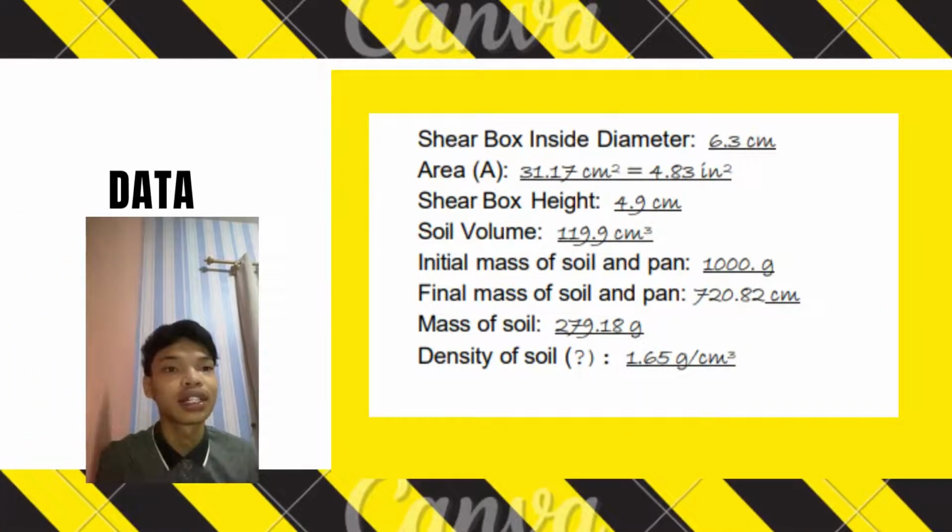Okay, this one is data. Shear box inside diameter 6.2 cm, area 31.17 cm², equal to 4.83 square inches.